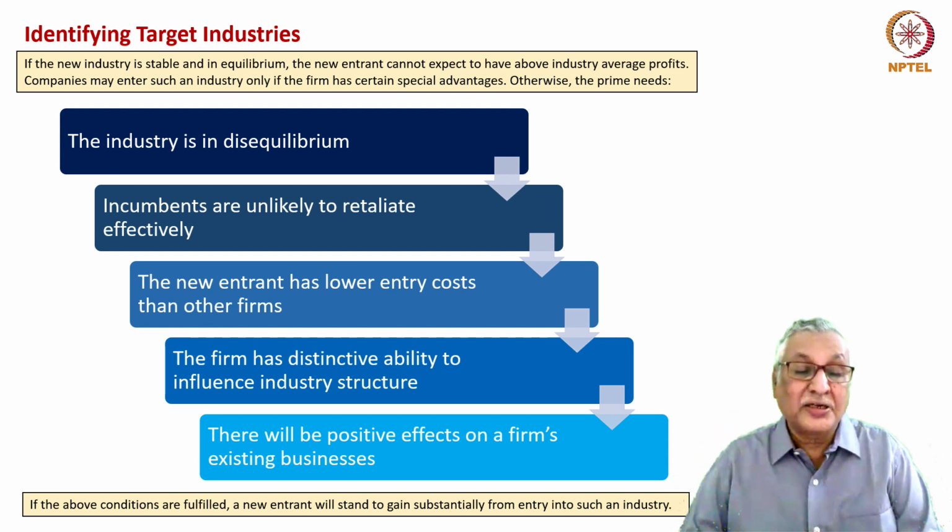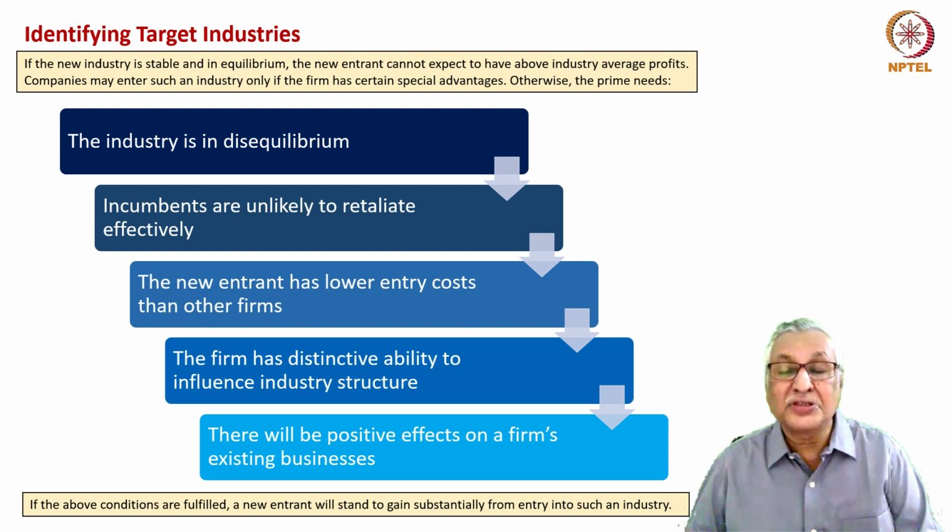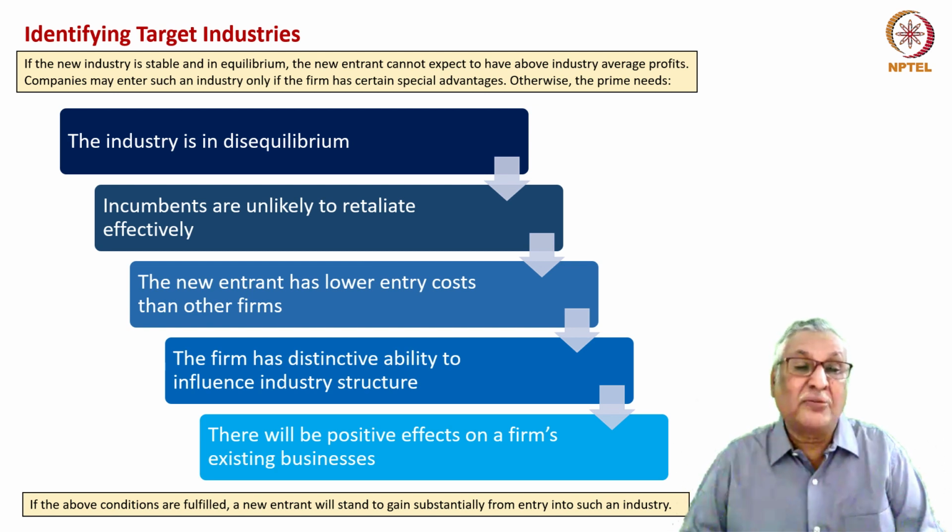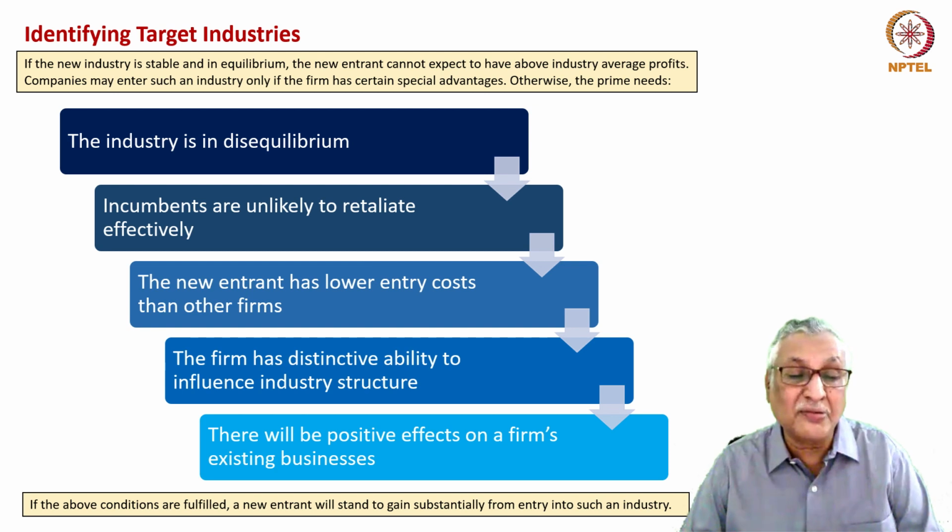You can also target an industry if it will have a positive effect on a firm's existing business. Every information technology company in India, again to quote the same example, should take every opportunity to get into the fields of artificial intelligence, machine learning, mixed reality, and metaverse by acquiring companies which are already specializing in those areas. They could even acquire gaming companies.